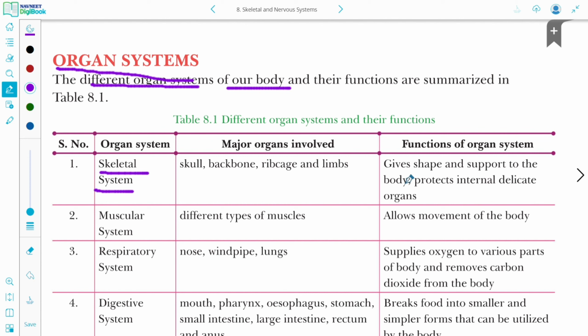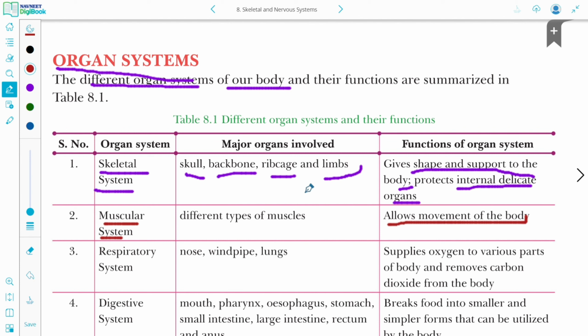The function of skeleton system is to give shape and support to the body and protect internal and delicate organs. Major organs involved are skull, backbone, rib cage and limbs. Next is muscular system. The main function of muscular system is to allow the movement of the body, and the major organs are different types of muscles.